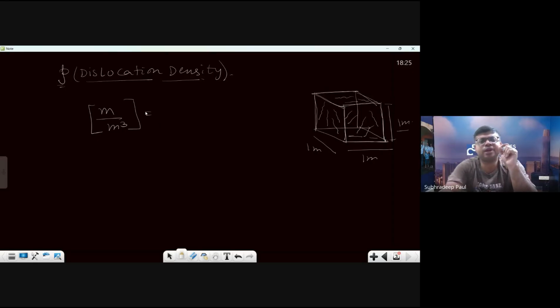According to the definition, we are going to add up the lengths of all these dislocations. Say this is 1, this is 2, this is 3.